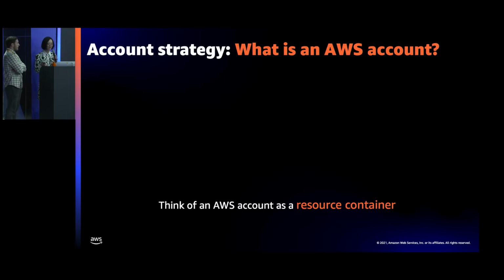If you are a SaaS provider, how do you assign the cost to the right tenant? With all these questions, we really recommend starting to think about having a clear account structure as early on as possible. You can see an AWS account as a container for AWS resources.